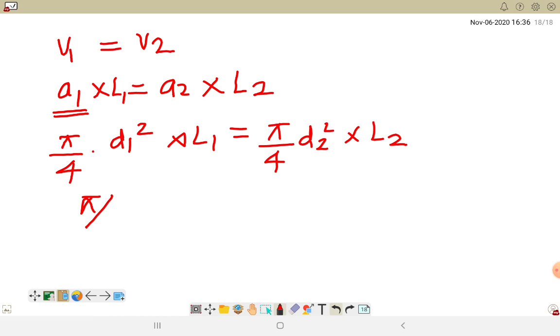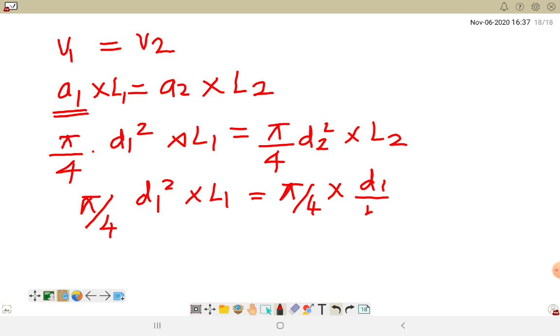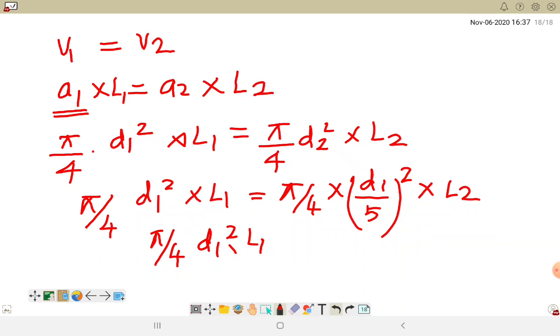Here the diameter becomes 1/5 of the original, that is given. So pi/4 into (D1 by 5) the whole square into L2. Now pi/4 into D1 square into L1 equal to pi/4 into D1 square by 25 into L2.